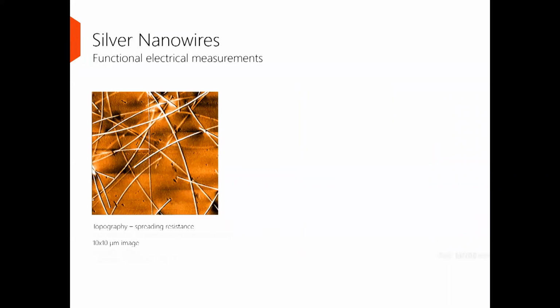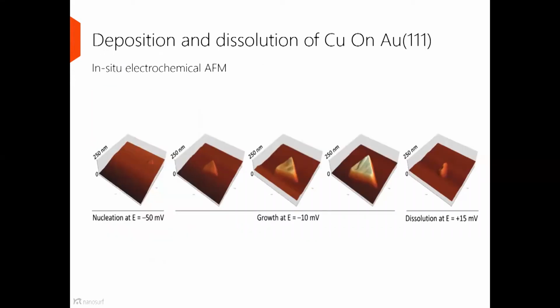We can do other functional analysis. In this case, it's silver nanowires, and we can find out which wires are conductive versus which wires aren't conductive. Or, as I mentioned before, we can do some of these in situ analysis as well. In this case, we can do electrochemistry on a surface where we can deposit and then etch away, in this case, copper onto a gold film.